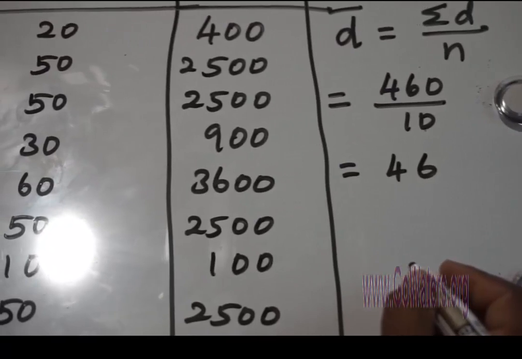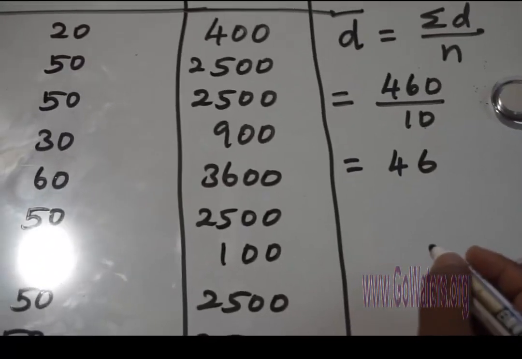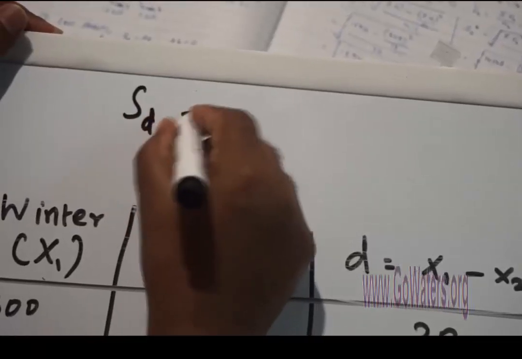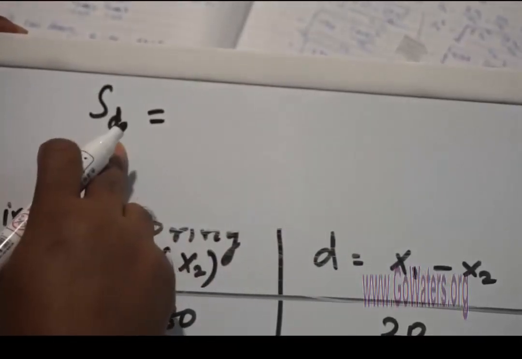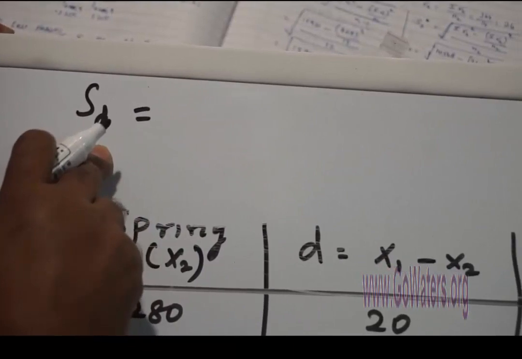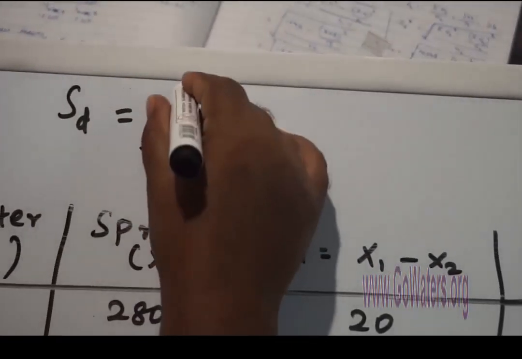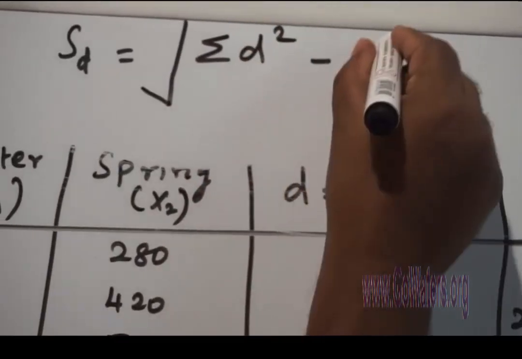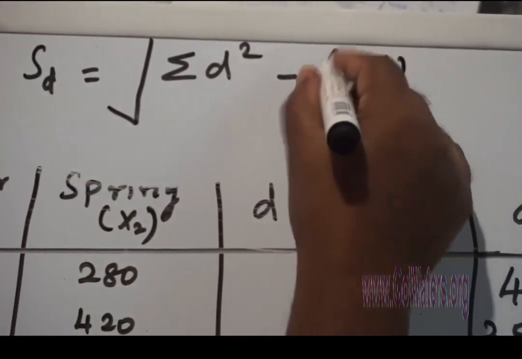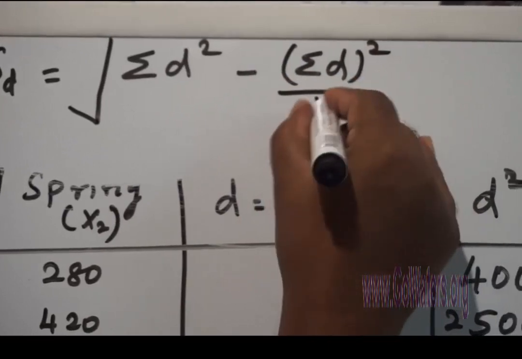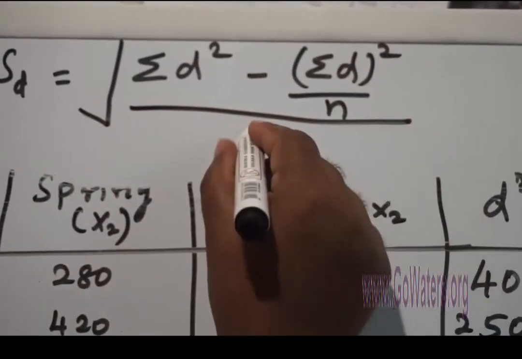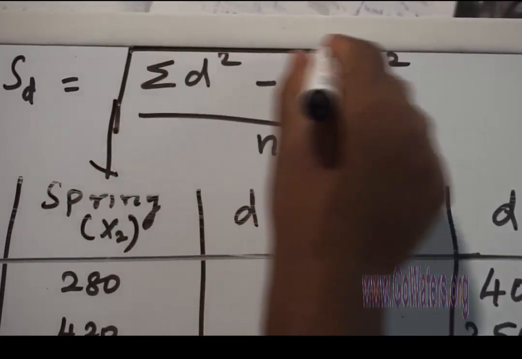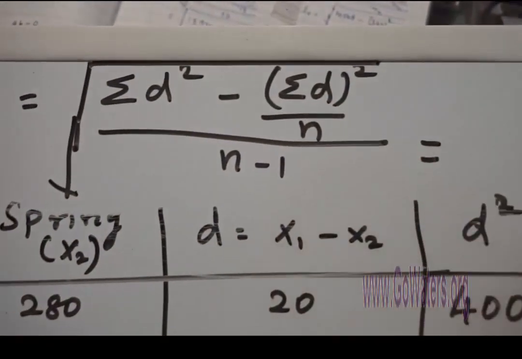Similarly, I have to calculate the standard deviation of these differences. SD means the standard deviation for the differences. It is the same formula: the square root of sum D squared minus sum D the whole squared over n, the whole divided by n minus 1.